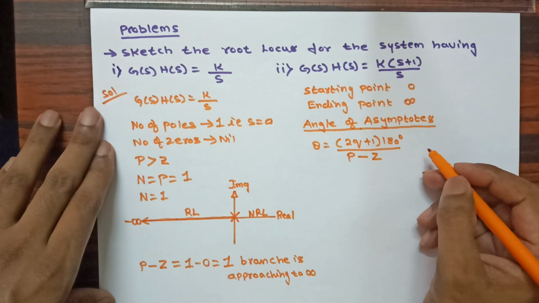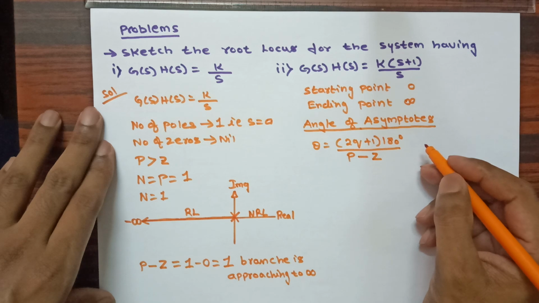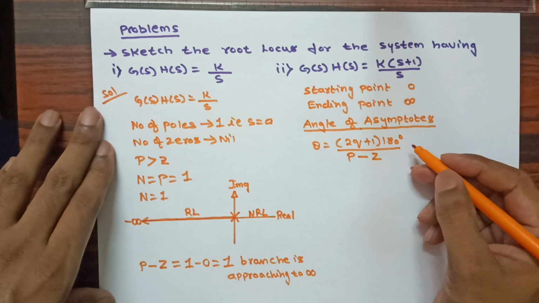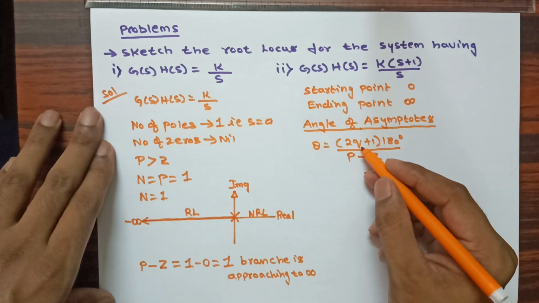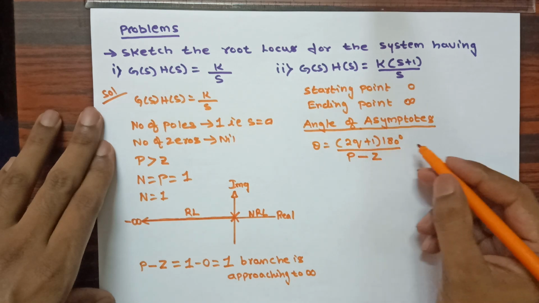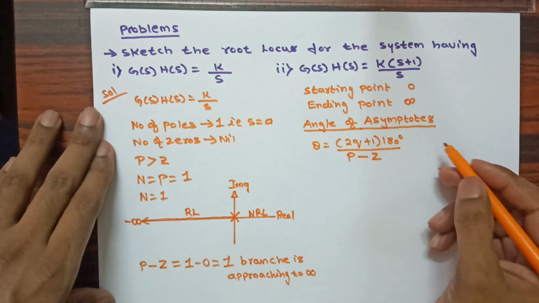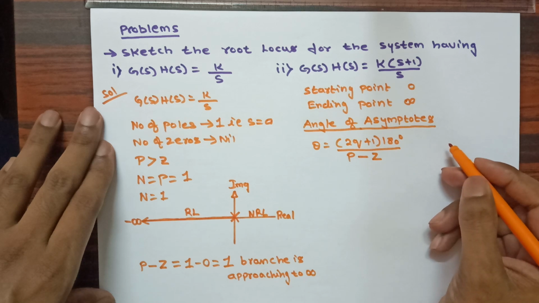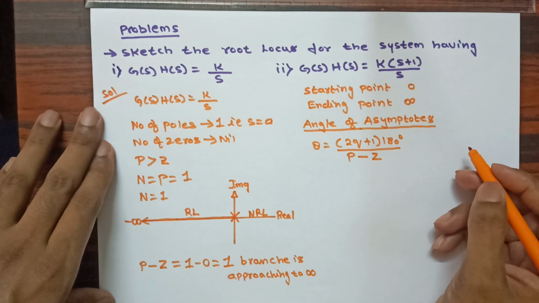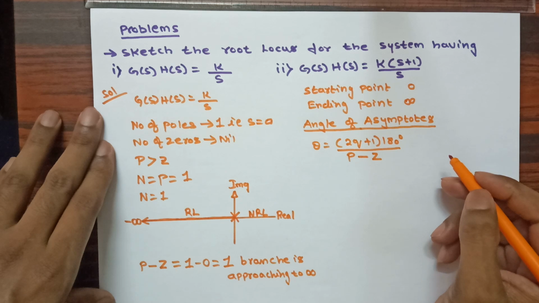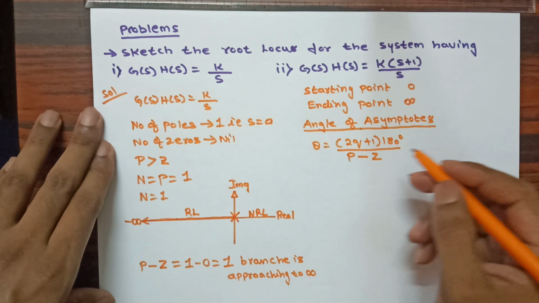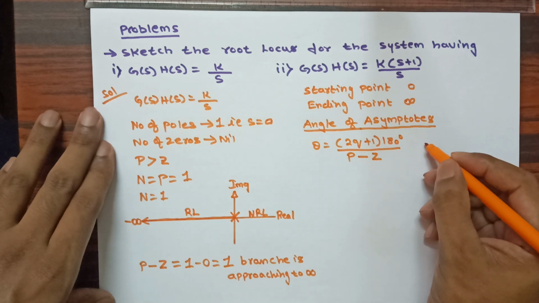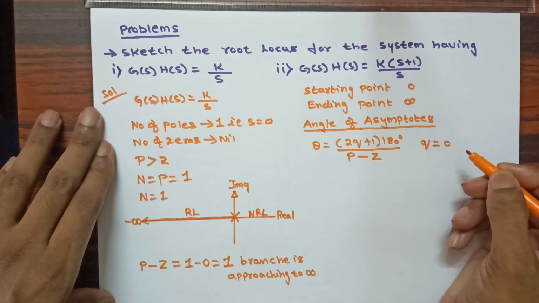In this problem we have only one branch approaching infinity, therefore I am going to substitute only q equal to 0. If you have more poles, then the q value varies, that is q equal to 0, 1, 2, 3, depending upon the number of branches approaching infinity. In this problem only one branch is approaching infinity, therefore q is equal to 0.